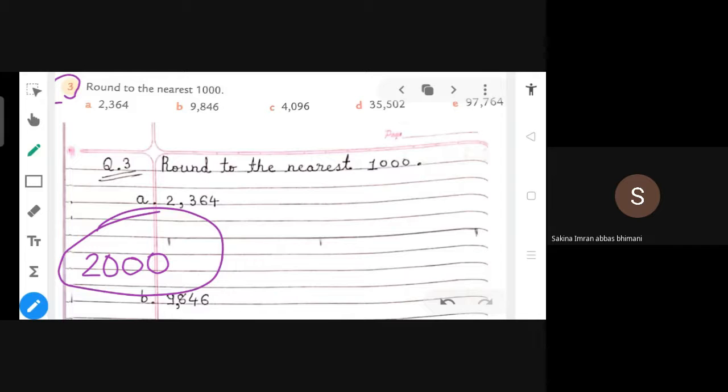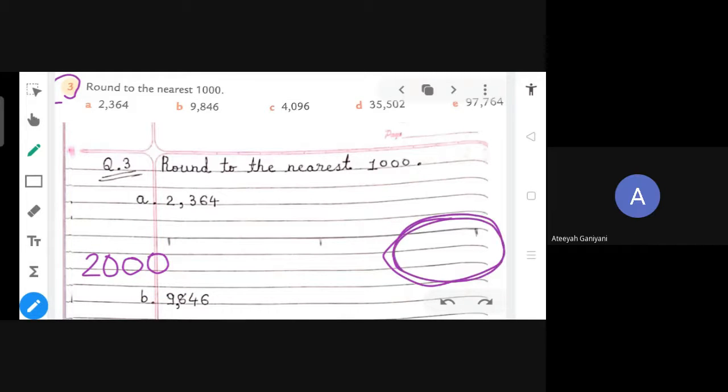If we get the first number, then it is very easy to find the next one. Ma'am, can I say Ganyani? Yes. 3000. Very good. As I said, when you find the first number, you just have to add 1000. So 3000.